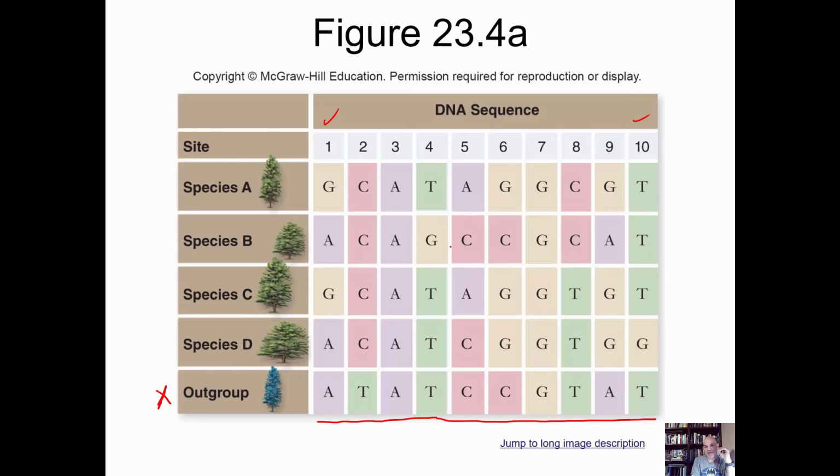And so you can see here, if we look at species D, for example, species D is the only one where T in the 10th position on that sequence changed to G there, and all the other ones still have just T. Whereas over here, if we look at number 2, it looks like T in that position is changed to C in all of those.